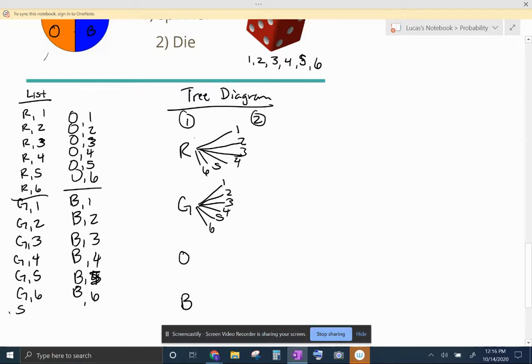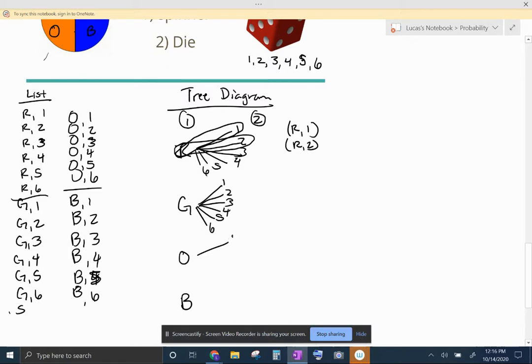So this line right here means I can get a red 1. That's a possibility. And then the second line right below it means I can get a red and then a 2. Okay, and I'm hoping you can get it from there because I really don't want to have to repeat the list process, but you need to know how to read these tree diagrams.